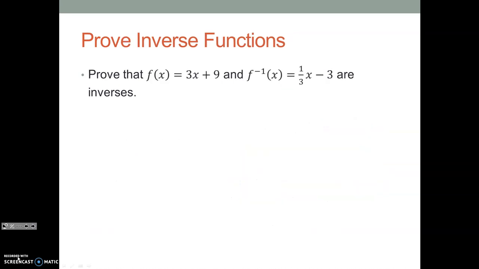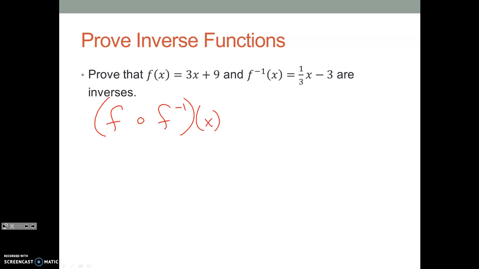There we go. So, the one that we just found, okay, we tried to find the inverse of f of x equals 3x plus 9, and we found that the inverse was 1/3 x minus 3. So we can now prove, okay, so what I'm going to do is I'm going to do f open circle f inverse of x.